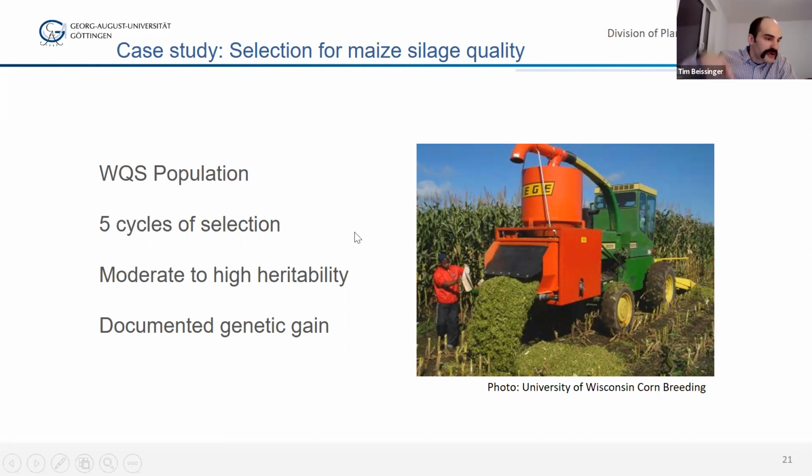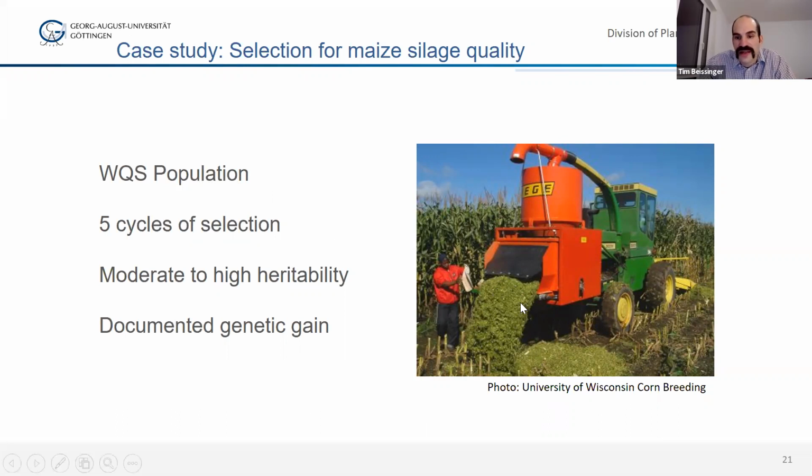My former PhD advisor, this is her breeding population over there in Wisconsin, but I didn't start working with these data until more recently. So this is the Wisconsin quality silage population, and it's a population that's been selected for 5 cycles for the quality of the silage. So this is ground up maize that's fed to cows so that you get better milk out of the cows.